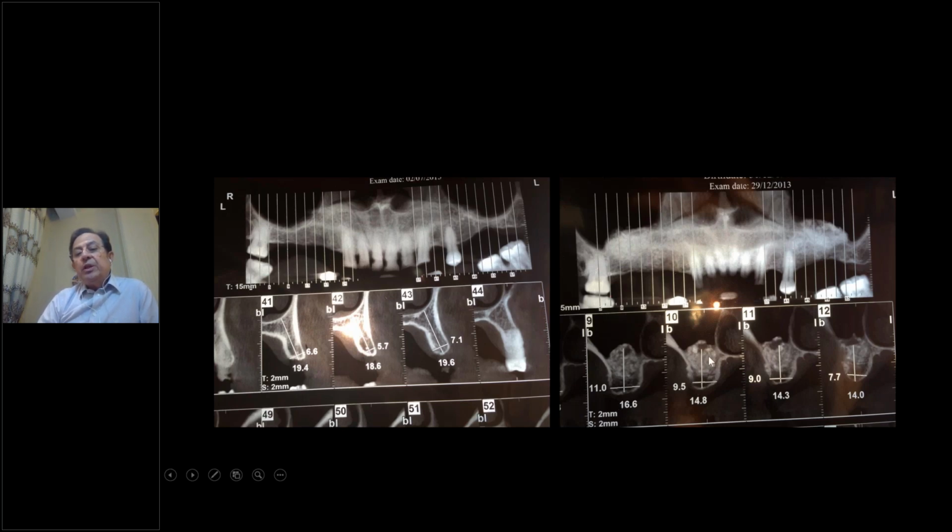But during filling the sinus with particles, we must use enough pressure, not much, to push the biomaterial into the sinus, and not really little pressure, which leaves hollow spaces.